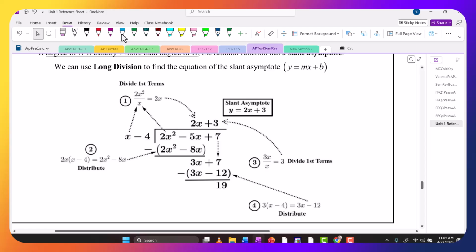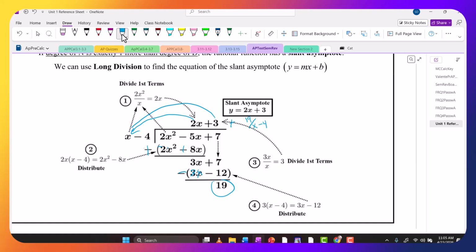Take a look at that. Remember, we take this times this and then subtract it. All right, so if I distribute that minus sign, this becomes 3x. Then I take this times this to match this and then subtract so I can get my remainder. And remember what we do with the remainder, which they didn't put here. We put a plus remainder over divisor as the last part.